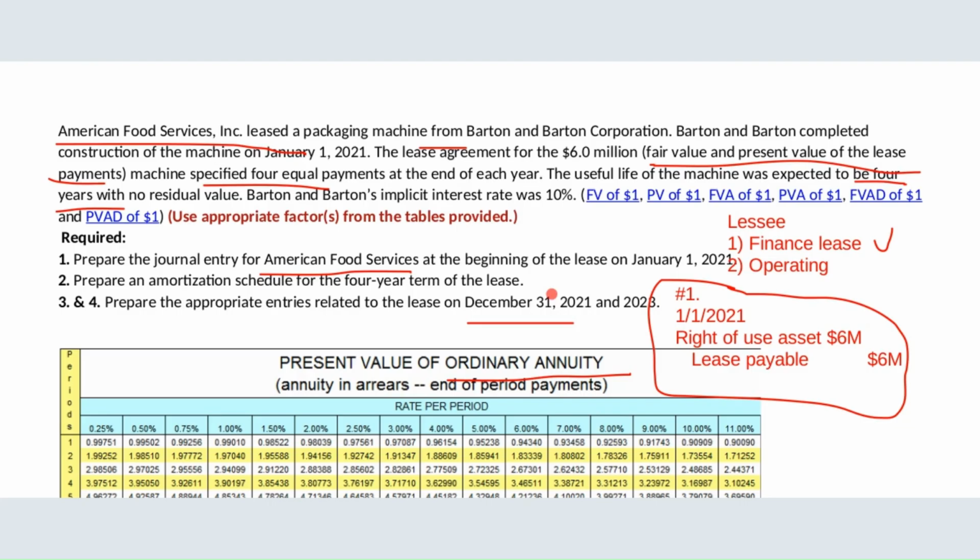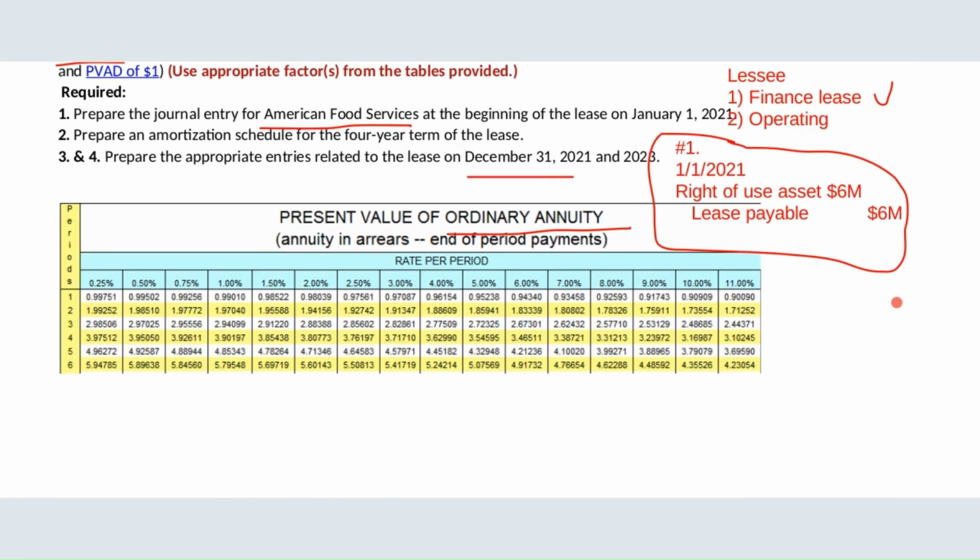So how do I know what the lease payments will be? We're going to have to take our 6 million. For number two, in order to do the amortization schedule, we need to know what these annual lease payments are going to be. So we need the present value of an ordinary annuity, where N is equal to what?